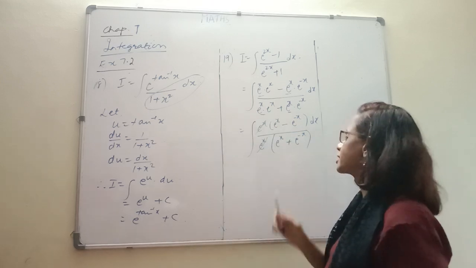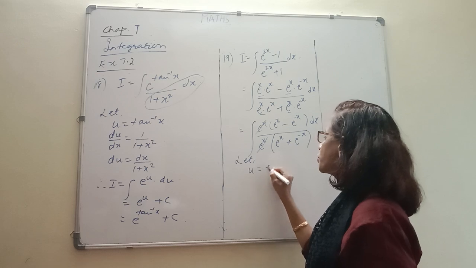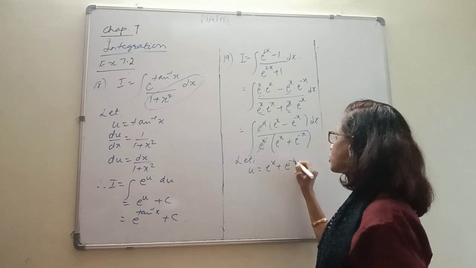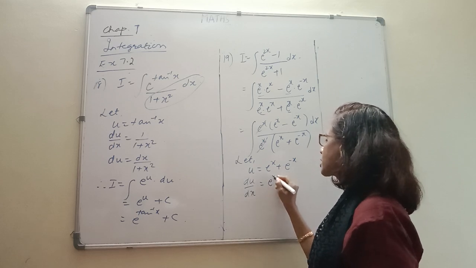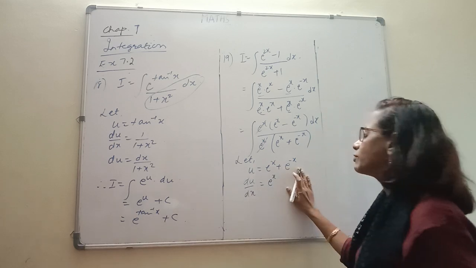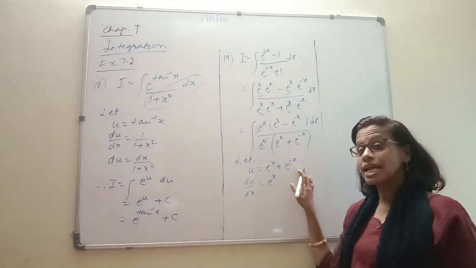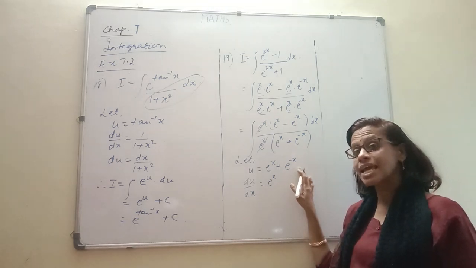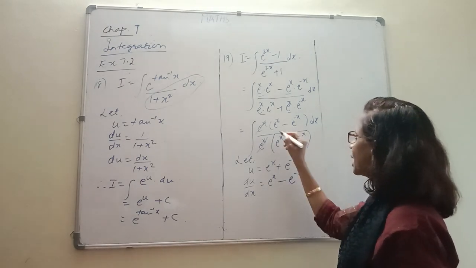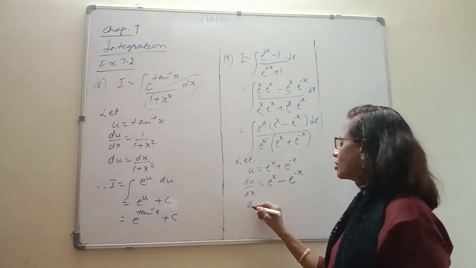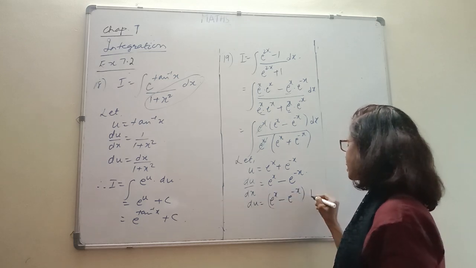So it's done. Now we are going to make a substitution of u as e raised to x plus e raised to minus x. What's going to be our next step? Taking the derivative. e raised to x is e raised to x itself, but the derivative of e raised to minus x is minus e raised to minus x, because e raised to ax has the derivative a e raised to ax. Now that you require in the numerator, your du is going to be e raised to x minus e raised to minus x dx.